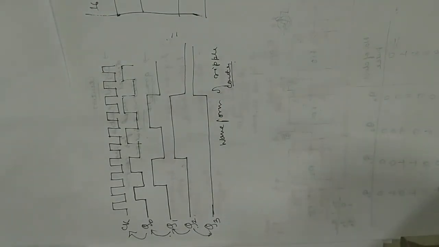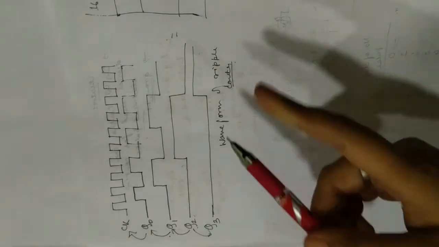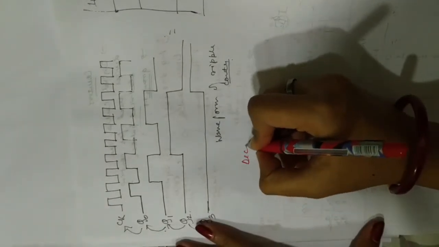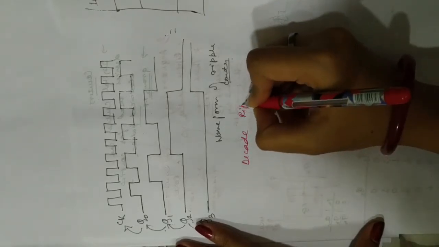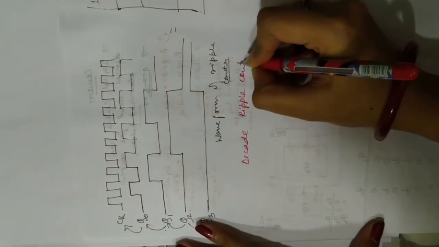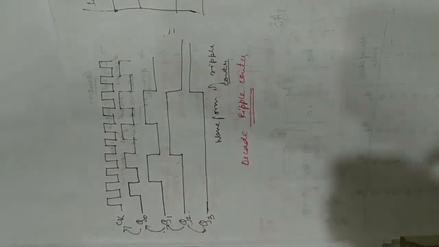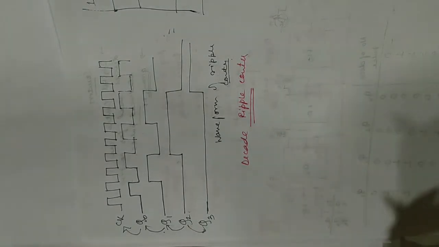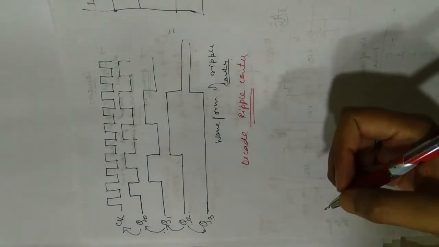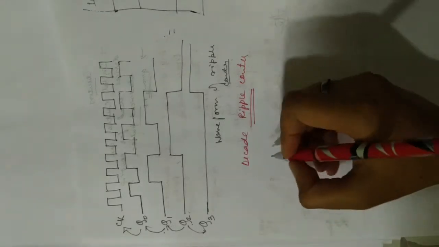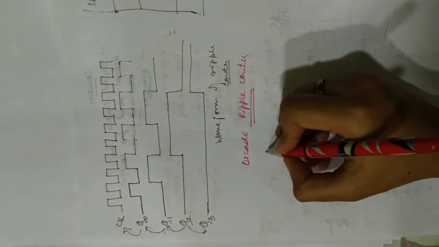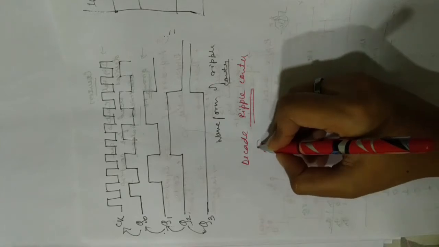Last, we have only one portion left, and that is called the decade ripple counter. So let's complete that. Like you can see, we have seen the modulus of a counter, that it is equal to 2 to the power n, right?